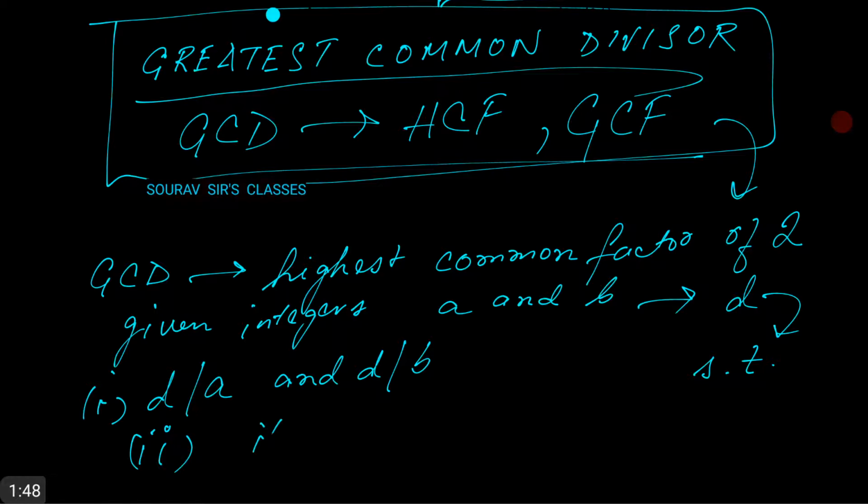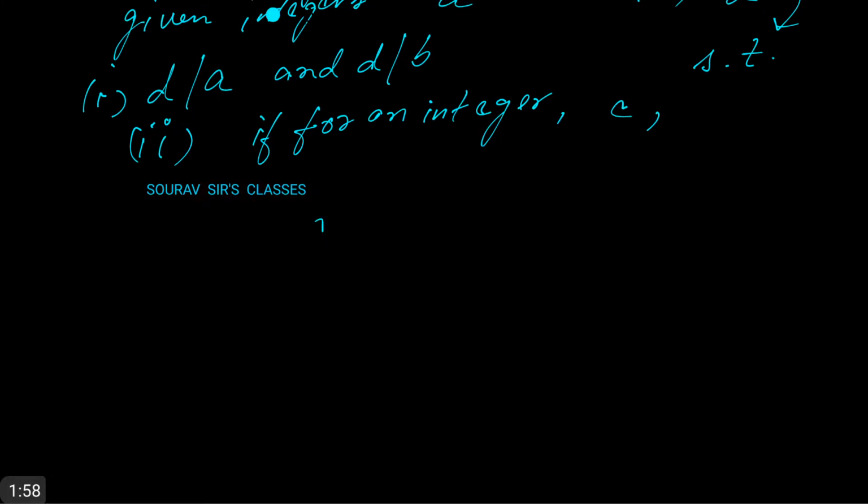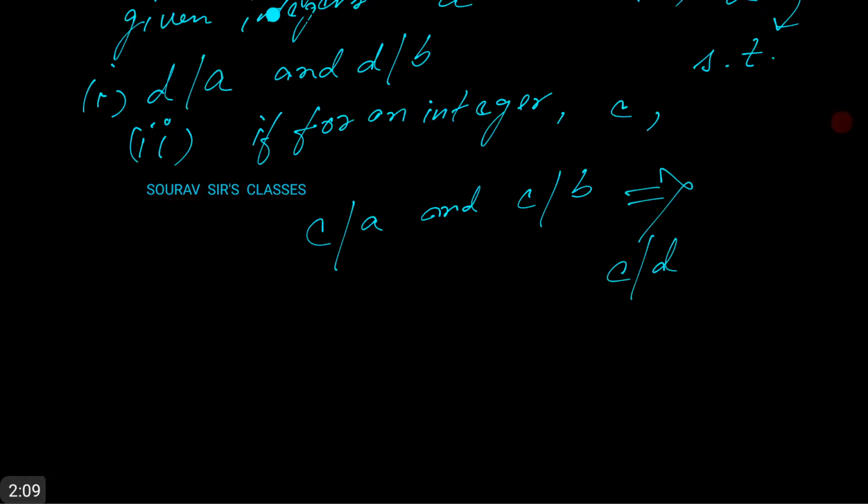if for an integer c, c divides a and c divides b, then this automatically implies that c divides d.